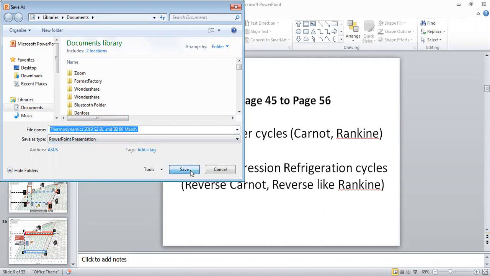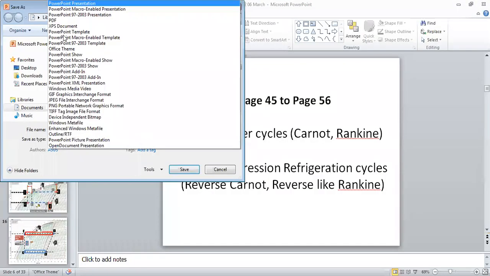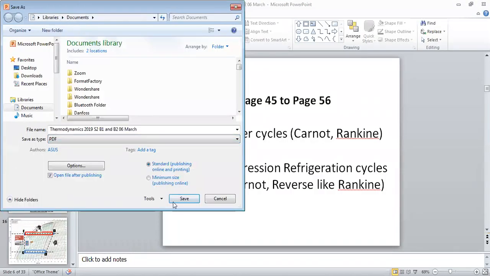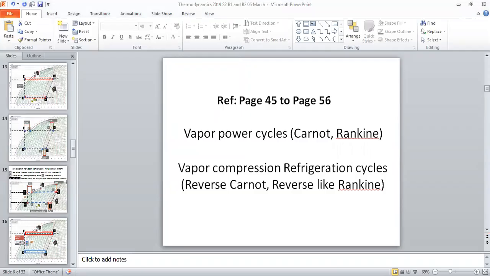Save this first. Save as PDF. These are very precious notes. I didn't put my name or anything here, so no one knows the originality, but it is better to keep the notes with you. Let me email this to you now.